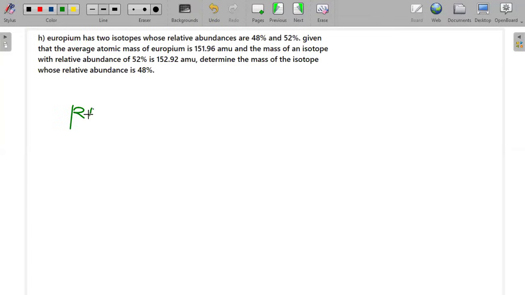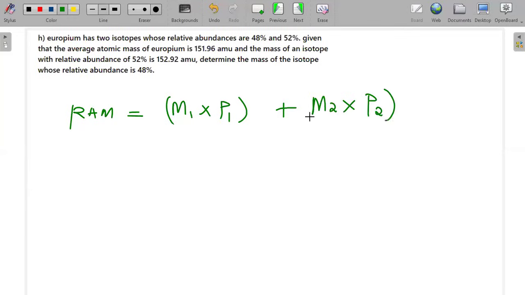We said the relative atomic mass is equal to the mass of isotope 1 multiplied by the percent of isotope 1, where the percent is always over 100, plus the mass of isotope 2 multiplied by the percent of isotope 2. That's if you have 2 isotopes present, like in this case. If you have 3, you add the mass and percentage of isotope 3, but we don't need it here because we only have 2.